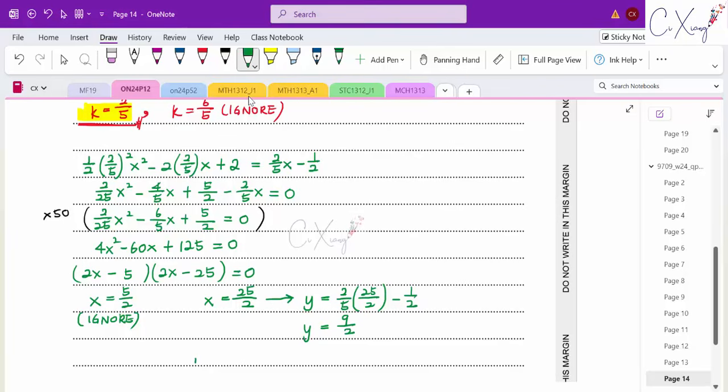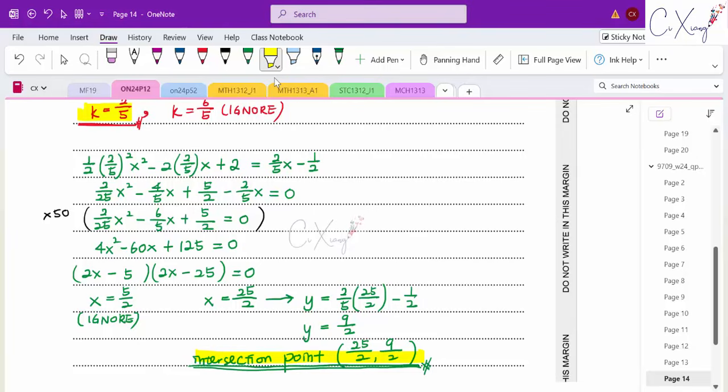If you want, you can try to write out your answer clearly. What is the coordinate for the intersection point? It will be equal to 25 over 2 and also 9 over 2. So this is how we get the intersection point for this question.